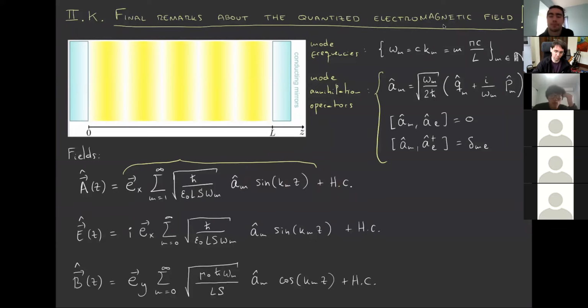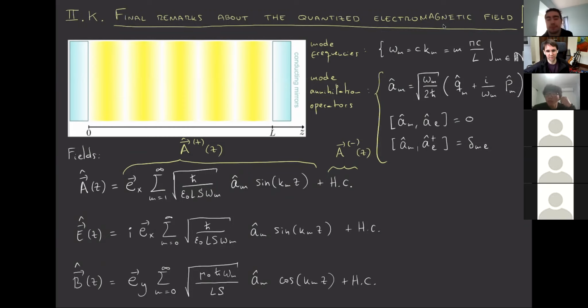The part that corresponds to the annihilation operator, we usually call it in field theory A plus. Whenever you see that instead of A, I say A plus, what I mean is this is just the annihilation part of the field. And the field itself has to be self-adjoint, which means that you have to add the creation part. And the creation part is sometimes called A minus.